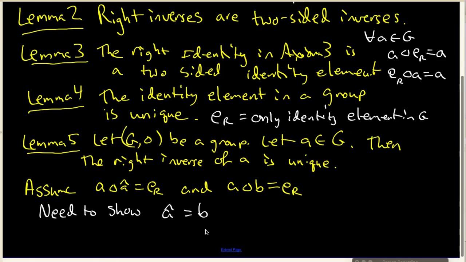Because if I can do that, then there is only one right inverse, and that right inverse will actually be a two-sided inverse. Well, how am I going to do this?